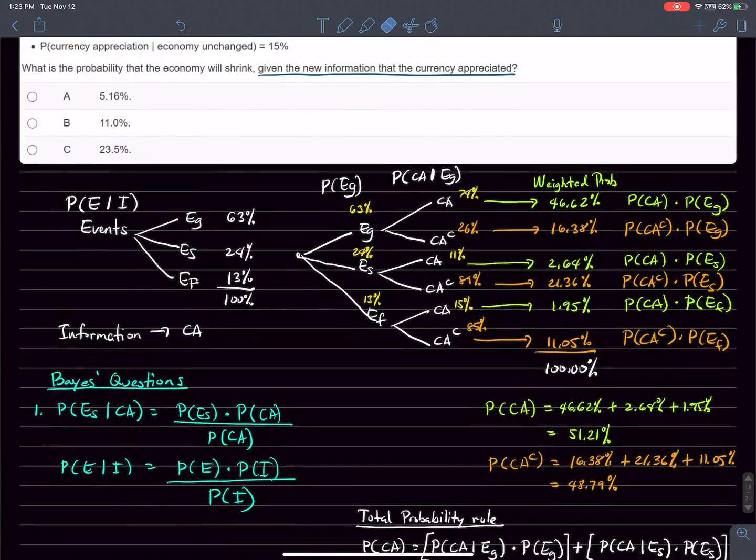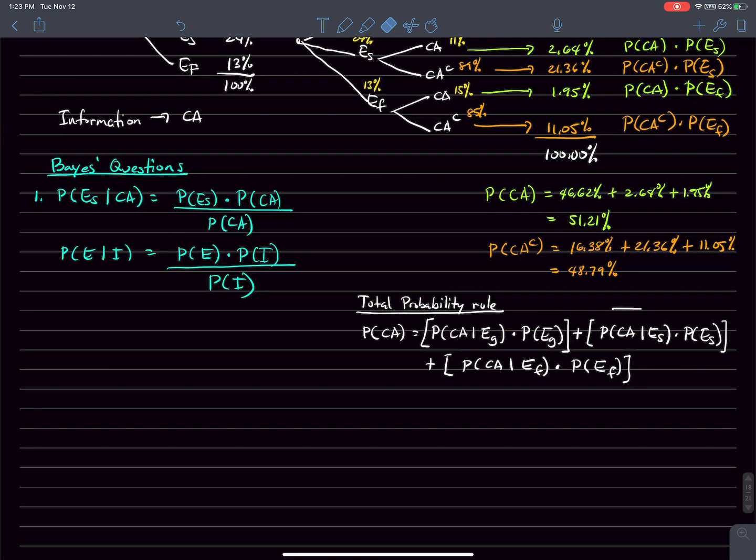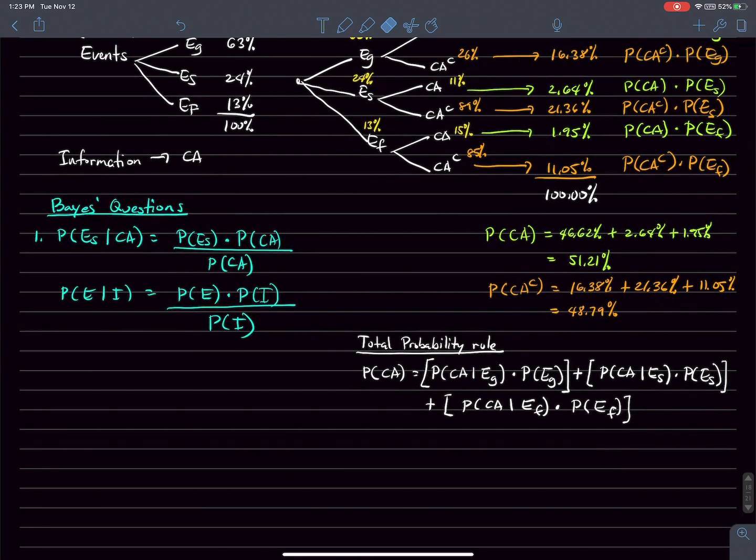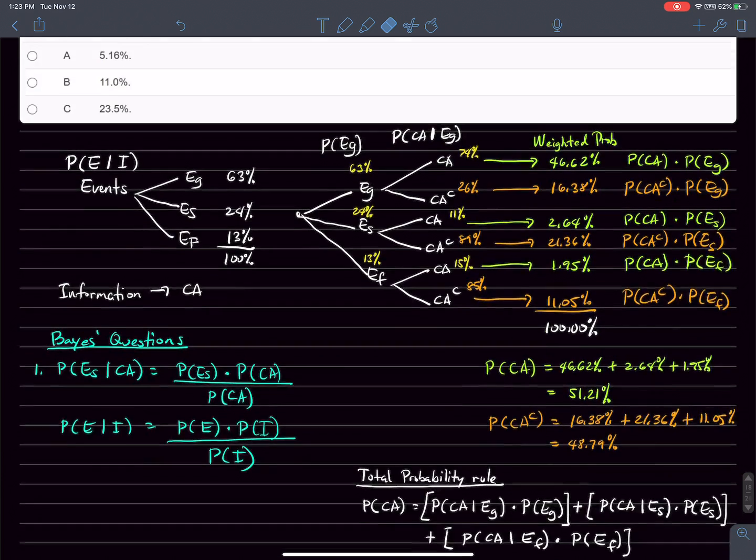So next step, probability of currency appreciating given economy will shrink times probability of economy that will shrink.